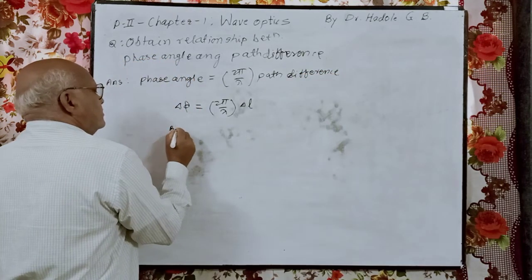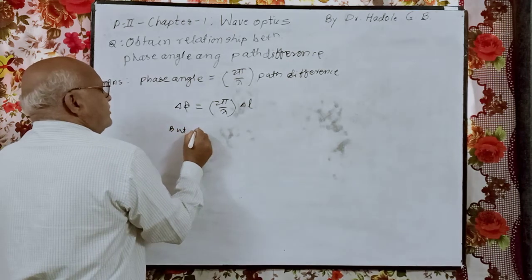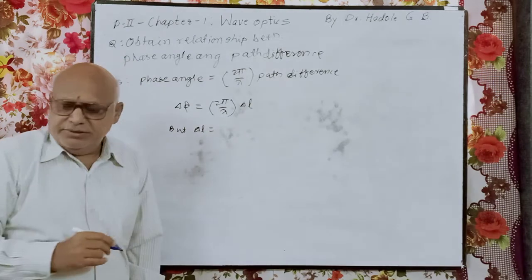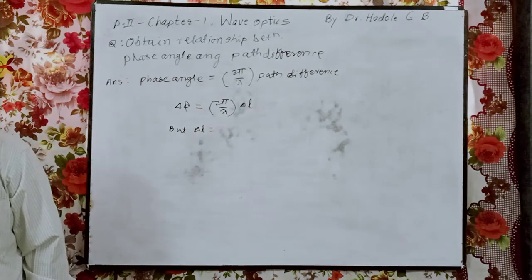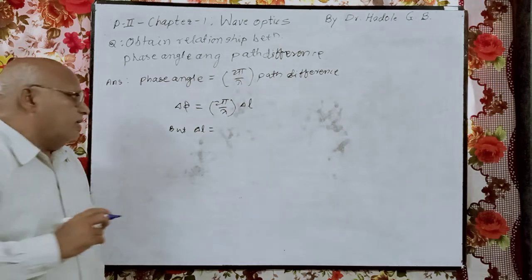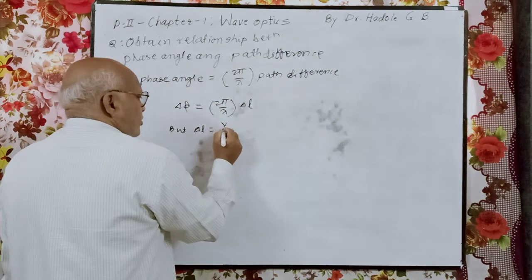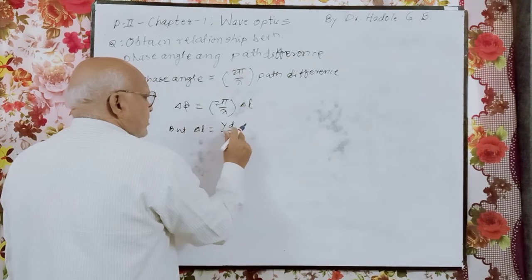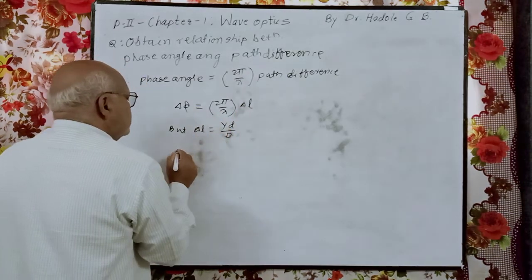But this delta L, that is the path difference, we have obtained yesterday, that is yD upon capital D, small y into d upon capital D. Put this value in this equation.